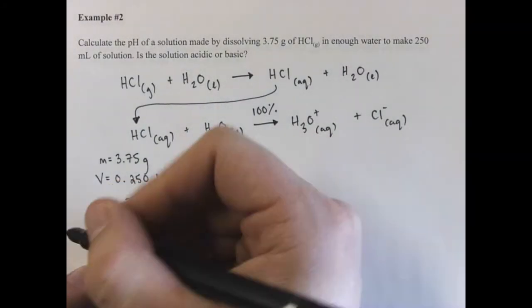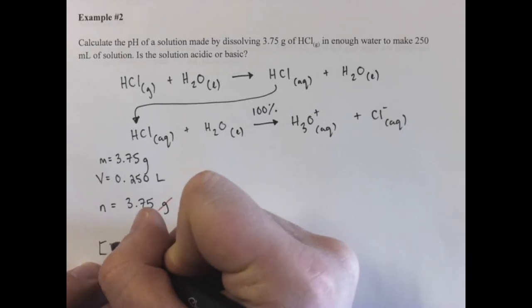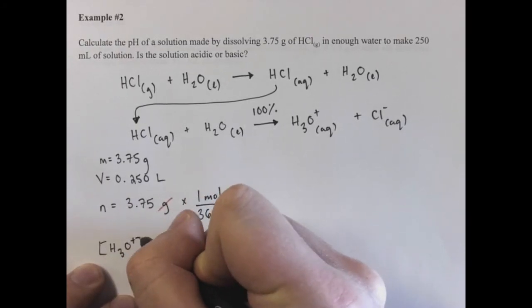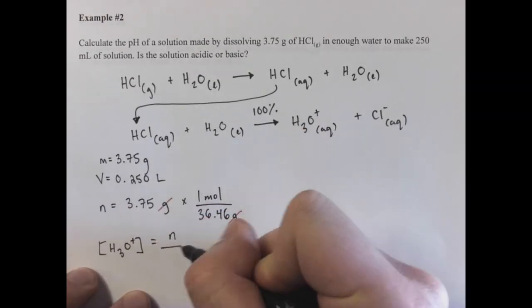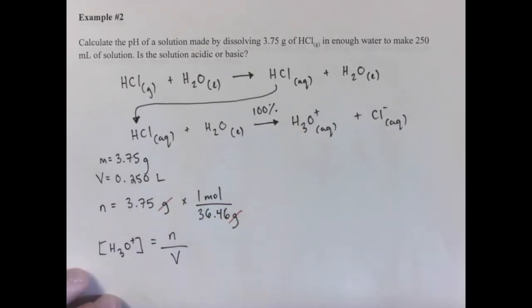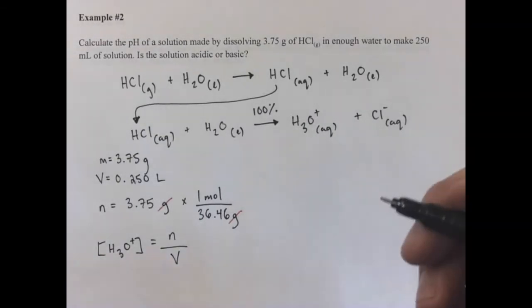And then I know I can figure out the hydronium concentration by taking that number and dividing it by the volume. So let's go ahead and figure that one out.